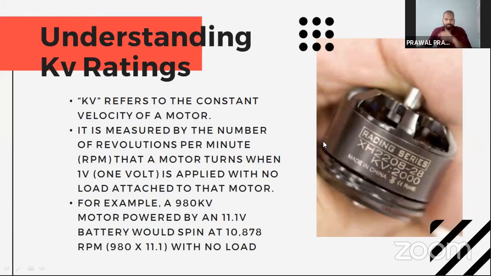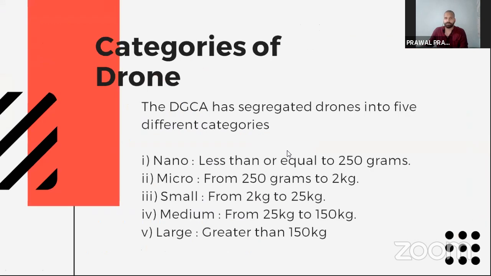Okay, so just assume you have a motor of 980 kV, as in the example on the last point of the slide, and you give it a power supply of 11.1 volts. So the number of rotations per minute will be 10,878, close to 11,000. Just imagine 11,000 rotations in a minute. That's the kind of speed we need to make really strong drones. Okay, so that was about the kV.